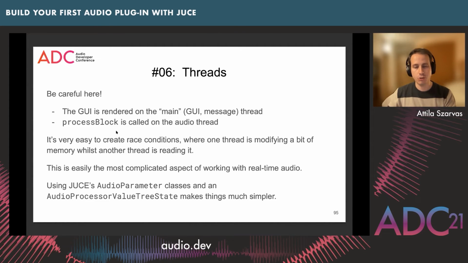You should be mindful of this in general, because oftentimes we would want to modify the parameters from user interactions carried out on the user interface and read these parameters on the audio thread. This way you can actually create race conditions without even realizing. And that's one of the difficulties of developing audio plugins.